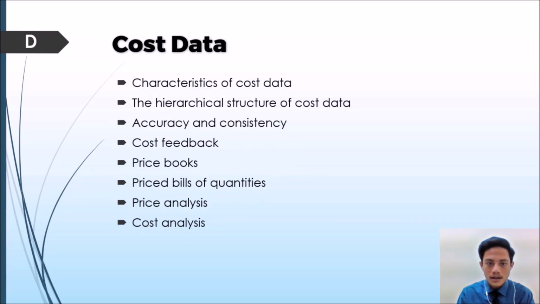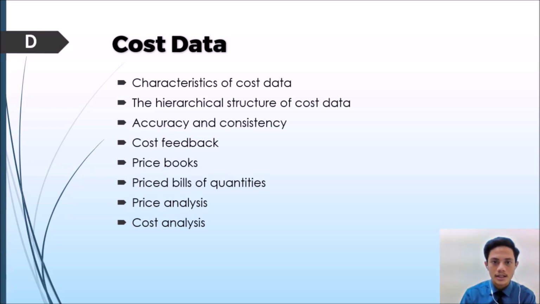The cost data topic: cost data is the collection, analysis, publication, and retrieval of cost and price information, which is very important in the early stage of a project for cost reference.